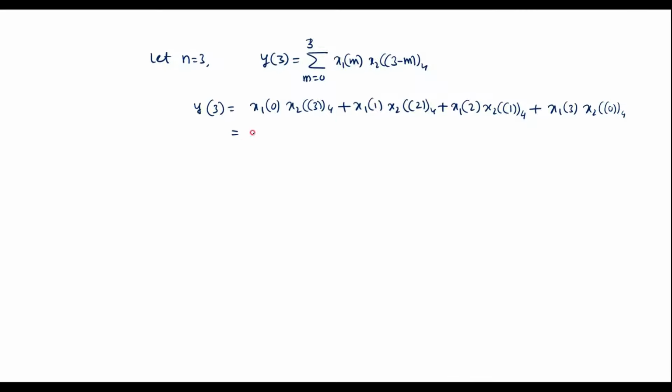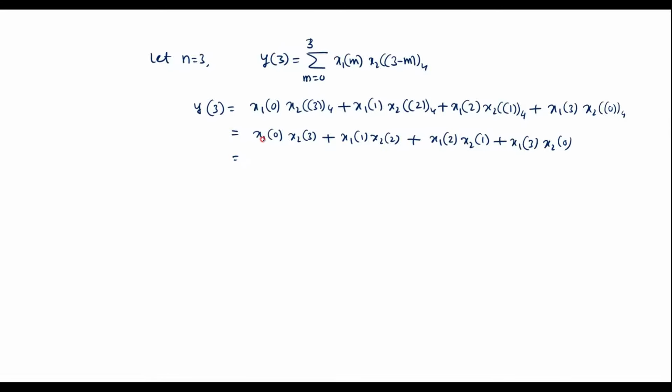So this is x1 of 0, x2 of 3, plus x1 of 1, x2 of 2, plus x1 of 2, x2 of 1, plus x1 of 3, x2 of 0.